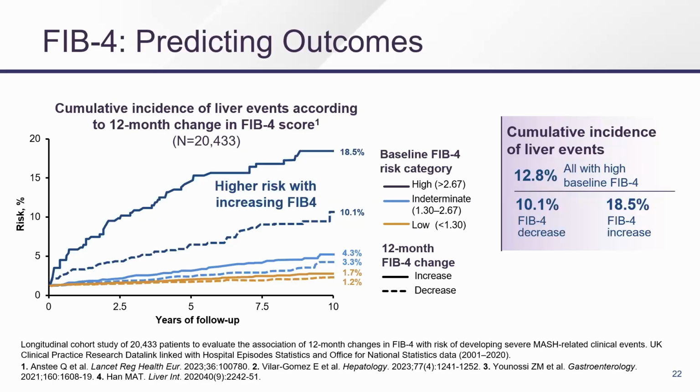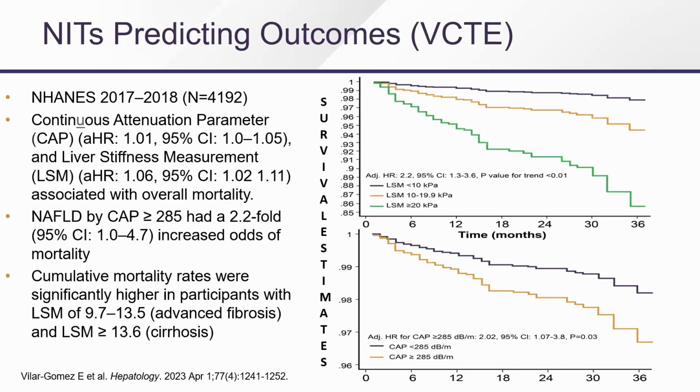So not only does it tell us that the FIB4 is predictive of liver-related events, the change in FIB4 itself is predictive of decrease or increase in liver-related events. So that is good to know.